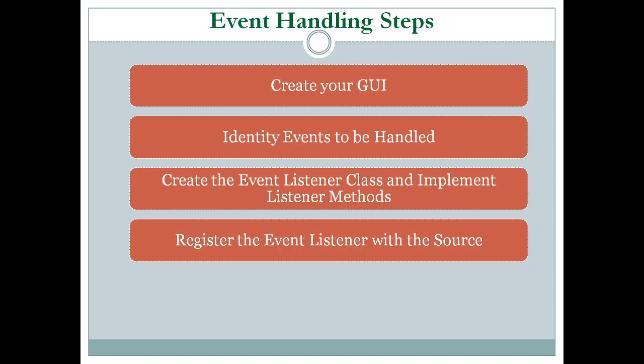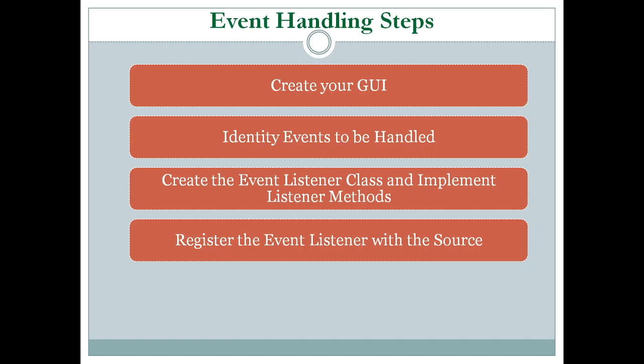Say the event which we want to handle is an action event on a button. So while creating a listener class, our listener class should inherit the ActionListener interface, because we want to handle an action event. If we want to handle a mouse event, the listener class should inherit the MouseListener, and so on.